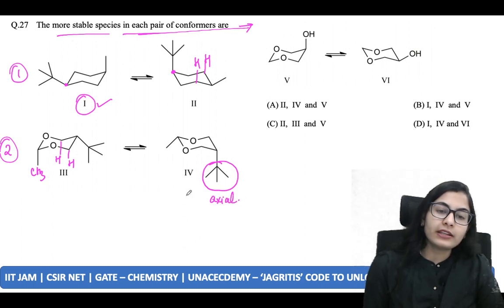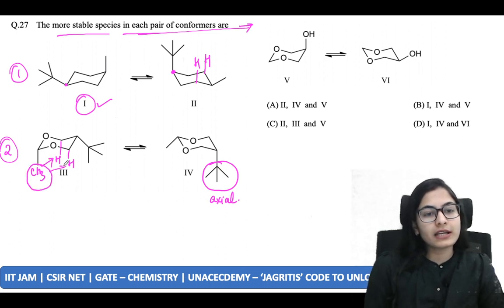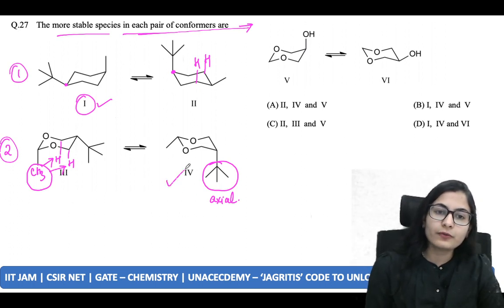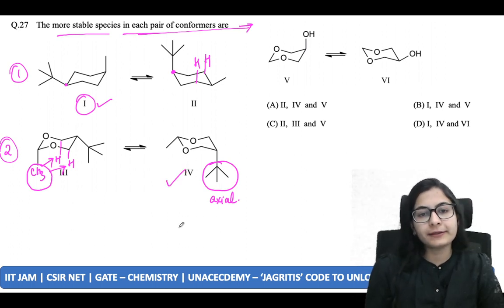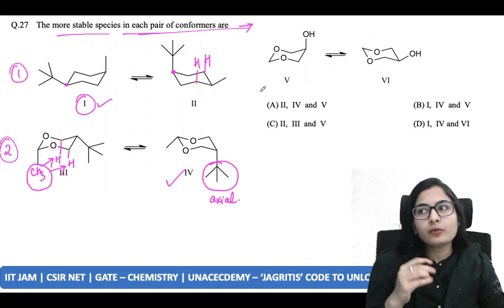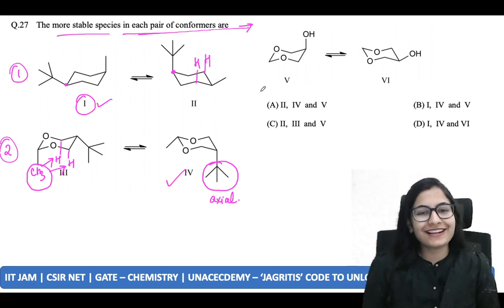Why can you put it here and not here? Because here there is no hydrogen to cause the 1,3 diaxial interaction. Here the little methyl group is causing more interaction as compared to the tertiary butyl group because of the lack of hydrogen. So 4th is more stable. That is because you're having the heteroatom without hydrogens. Yes, and the lone pair will not cause repulsion because the lone pairs are very close to the oxygen itself, right? So they're not causing repulsion.